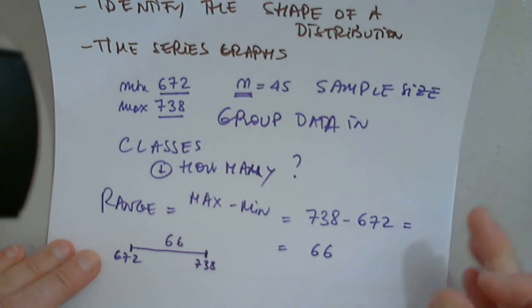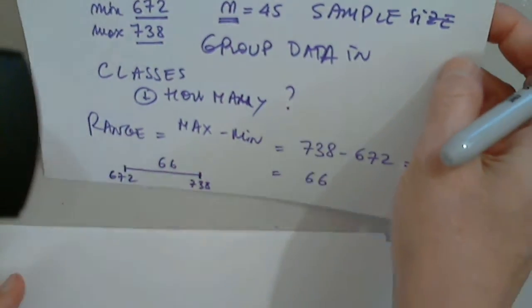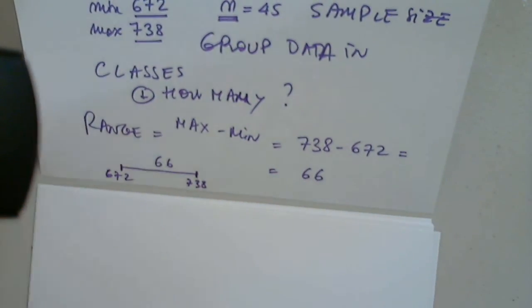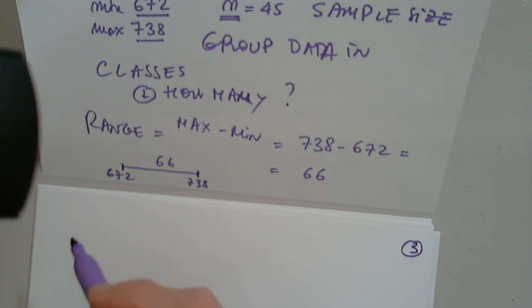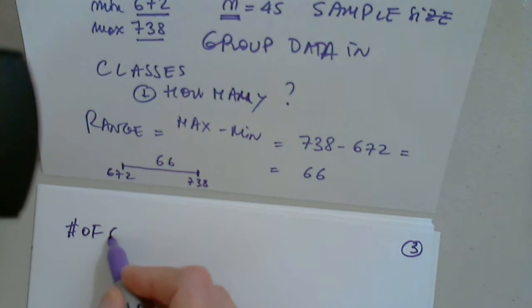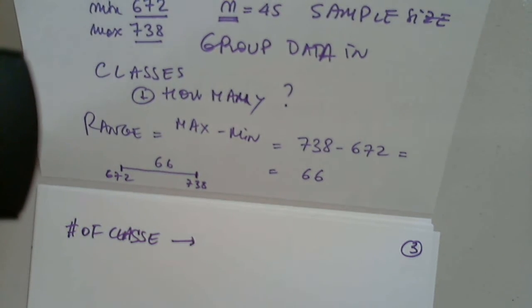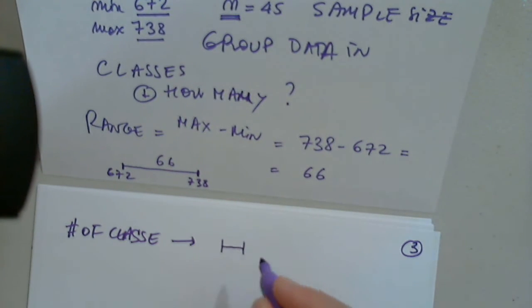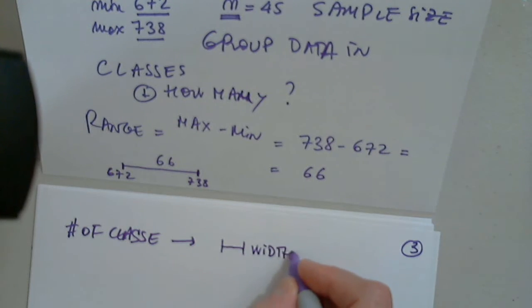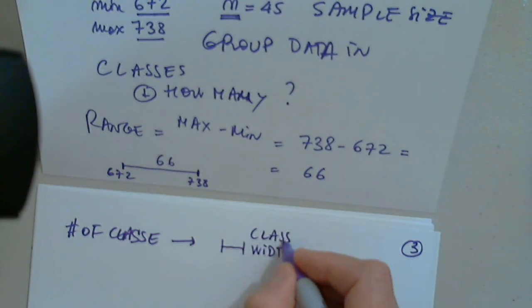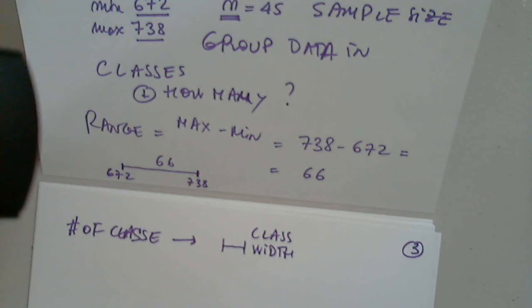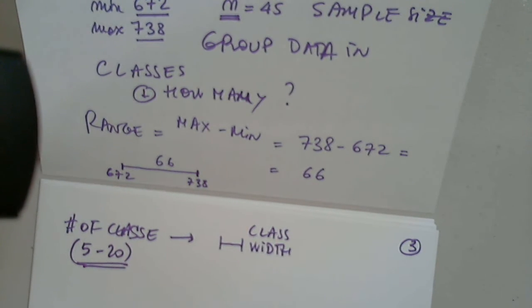Okay, now, how many classes? That's kind of arbitrary, to be exact. The number of classes is arbitrary, but I would like to have a convenient class width. Normally the number of classes is between 5 and 20, depending on the data set.